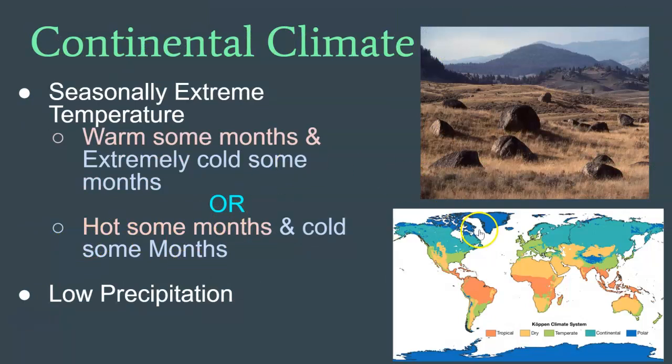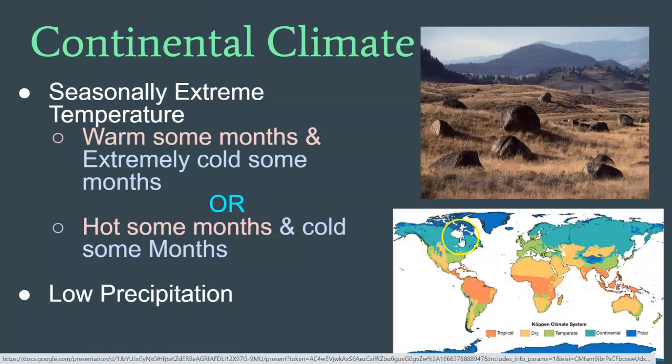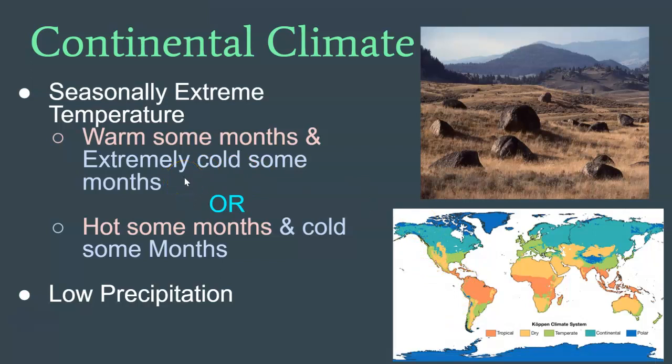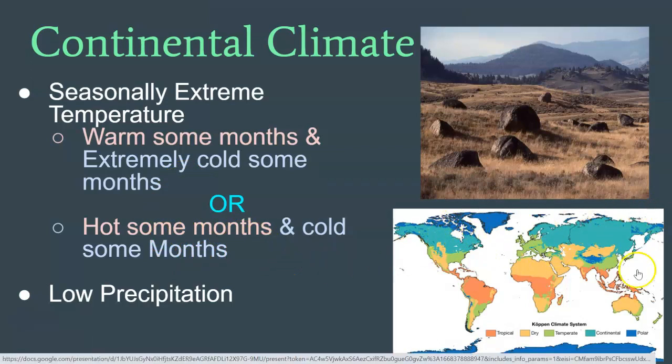Okay, next we're going to talk about the continental climate, which is this blue area. And that is warm during some months and then extremely cold during some months, or extremely hot during some months and cold during some months. And typically there is low precipitation.